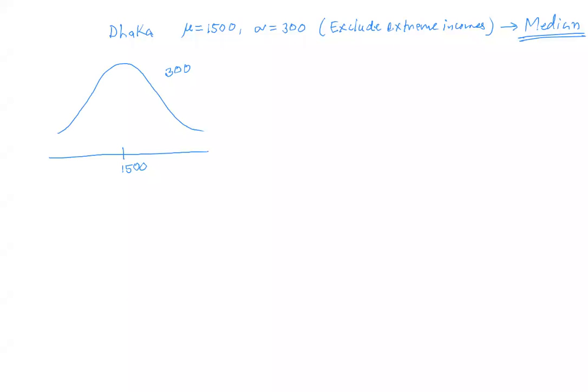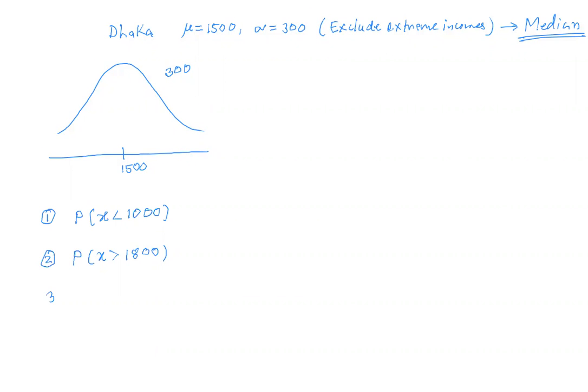Based on this information, I want you to answer the following questions. Number one, probability that a randomly selected person in Dhaka makes less than $1,000. Number two, find the probability that a randomly selected person in Dhaka makes more than $1,800.